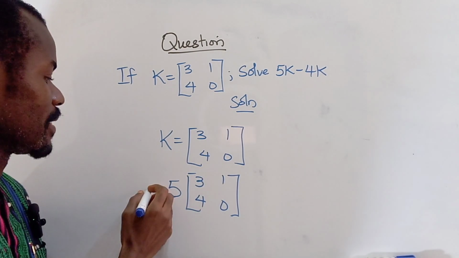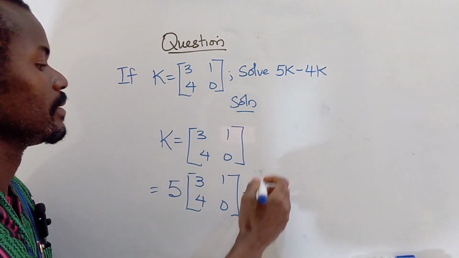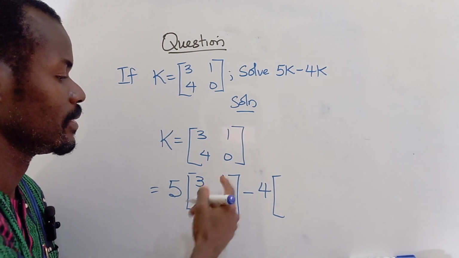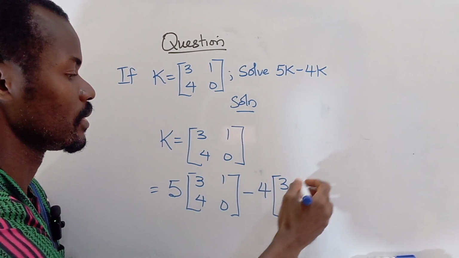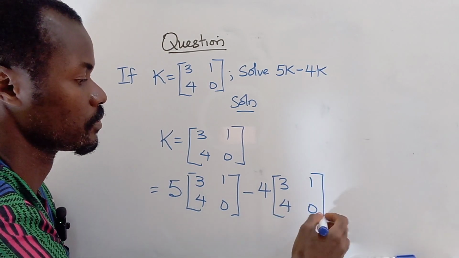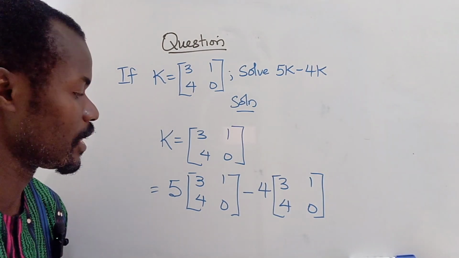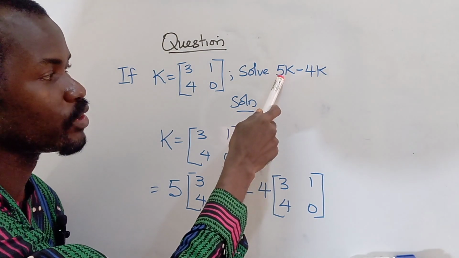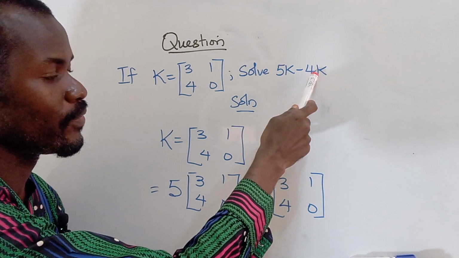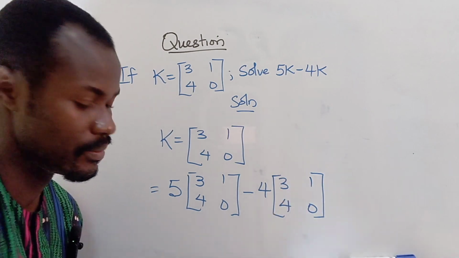And we have a minus, then 4 multiplied by K. So 4 is going to multiply all the elements again: 3, 4, 1 and 0. This is what we call scalar product. The 5, which is a coefficient of K, is going to multiply all of this, and the 4, which is a coefficient of K, is also going to multiply all of this.